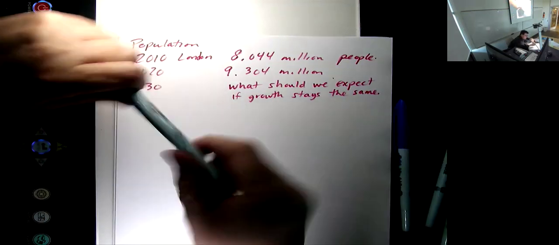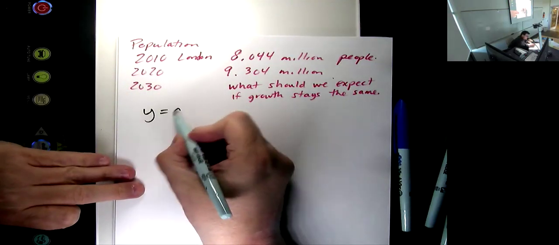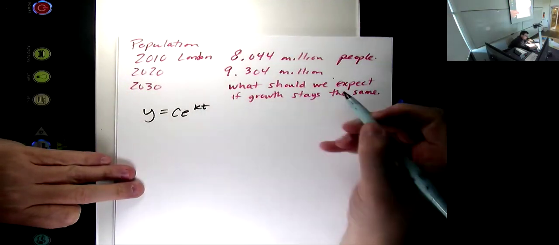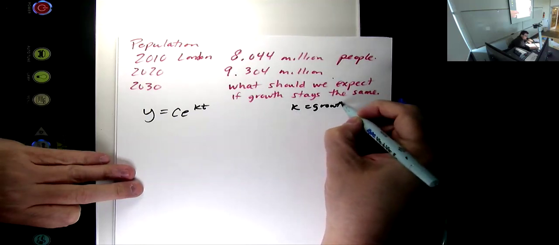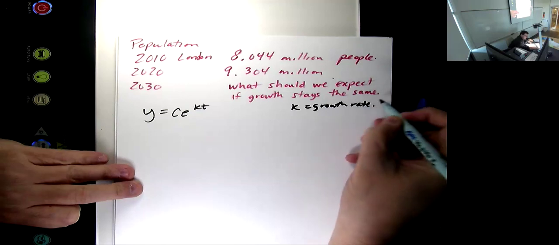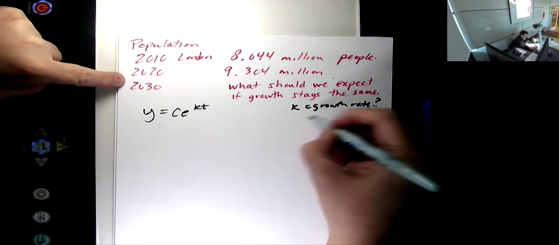All right, so we know we've got Y equals CE to the KT. We don't know K. K is the growth rate. And we don't know the 2030 amount.